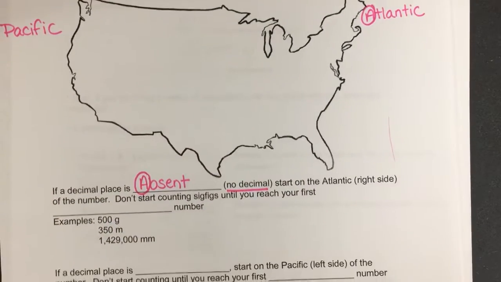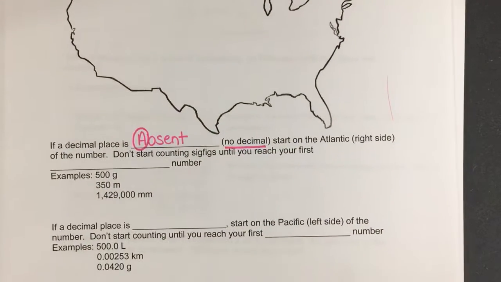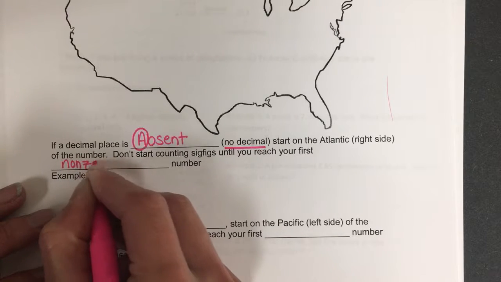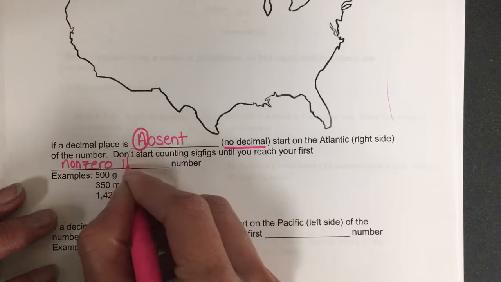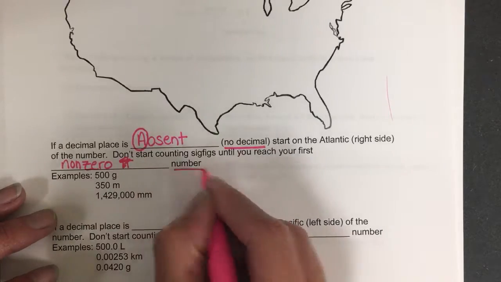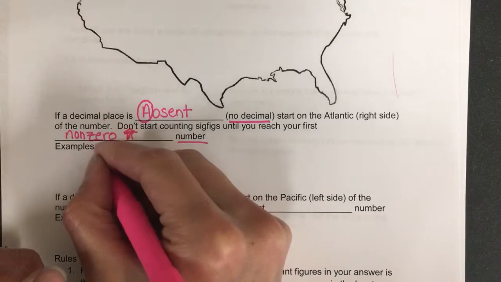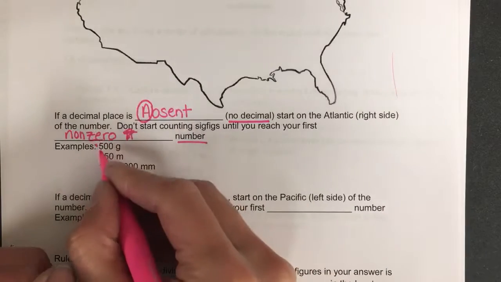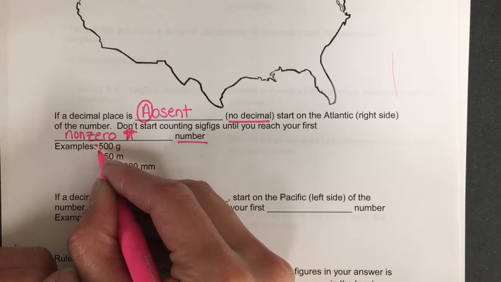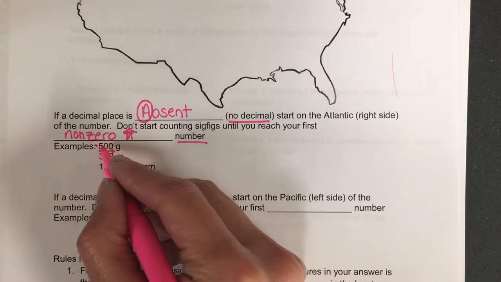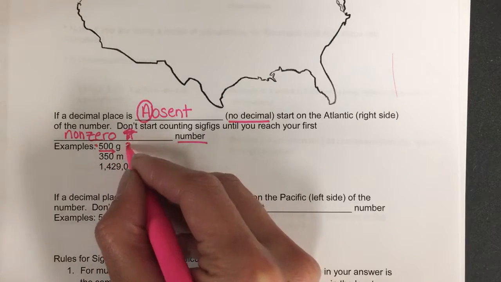Now, I'm not going to start counting until I hit my first non-zero number. Well, 5 is a non-zero number, so I start counting on my 5. I count all the way to the end of my number, so it has 1, 2, 3 sig figs.